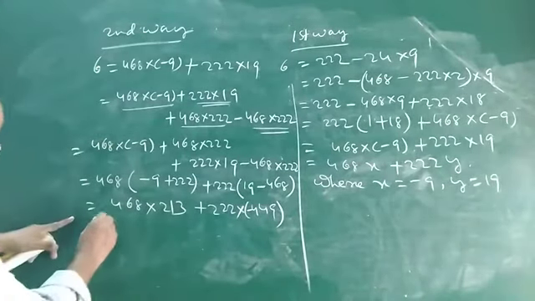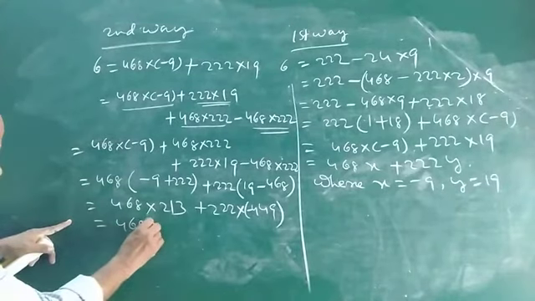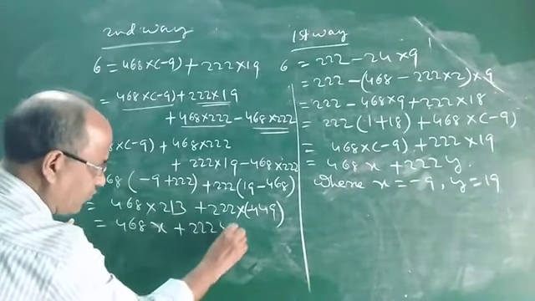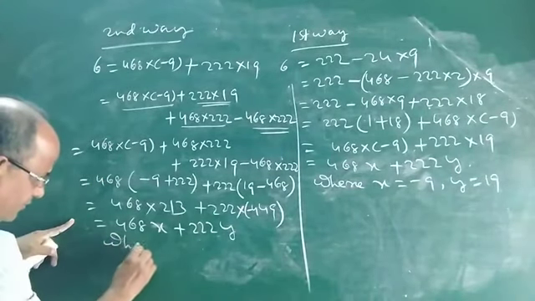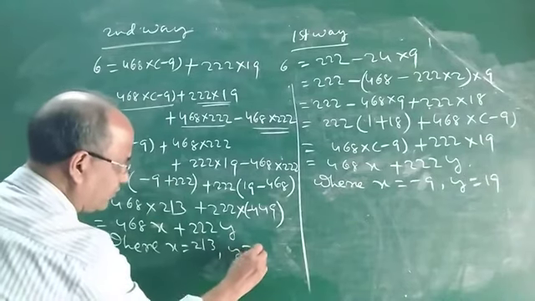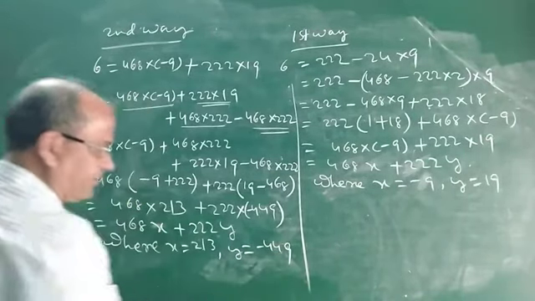So you see, now this will be 468 into x plus 222 into y, where x equal to 213 and y equal to minus 449.